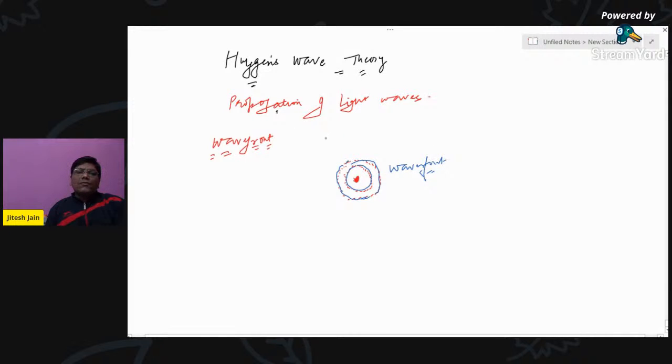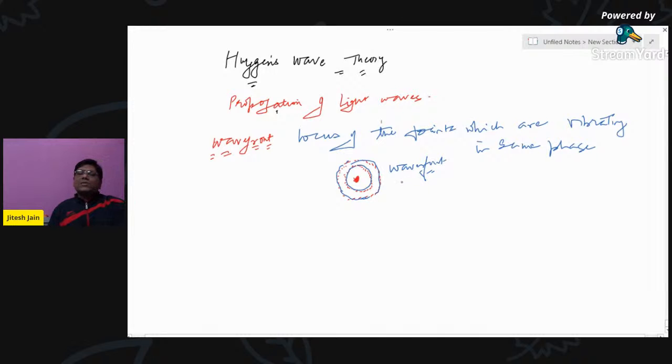Locus of the points which are vibrating in the same phase.